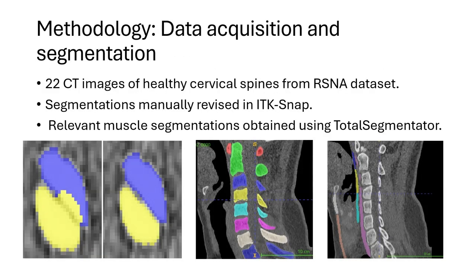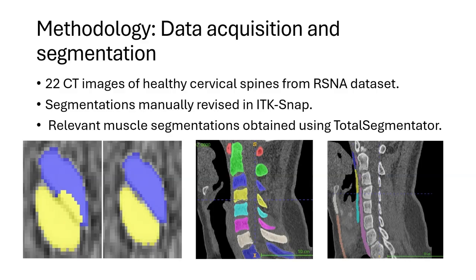So, for the first part of the methodology, 22 CT images and segmentations of the cervical spine were obtained from the RSNA cervical spine fractures CT dataset. In these data, the individual vertebrae had been automatically segmented using a 3D UNet model. However, many of these, as you can see on the picture on the left, were of poor quality, where the vertebrae had been misidentified.